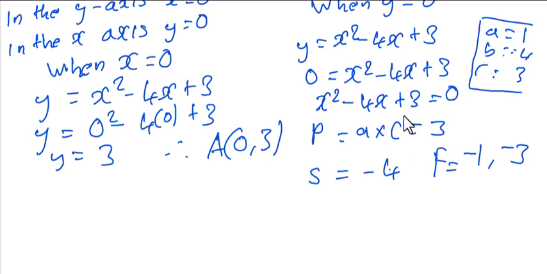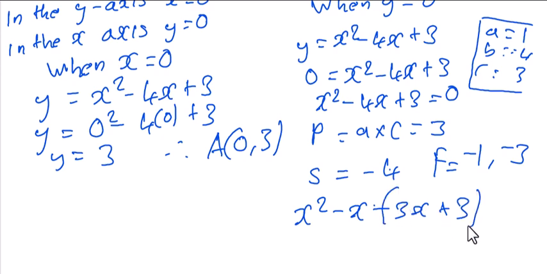So we're now going to substitute. We have x squared minus x minus 3x plus 3. We group this and we also group this.